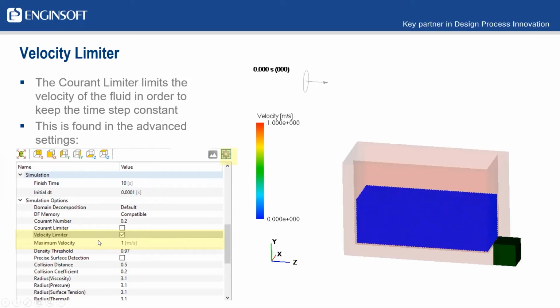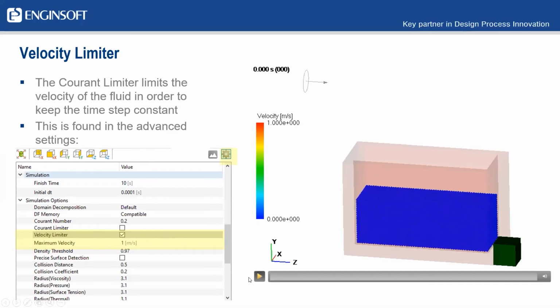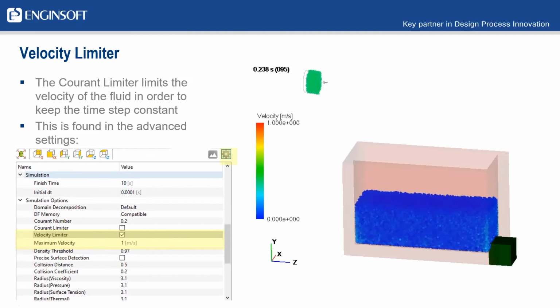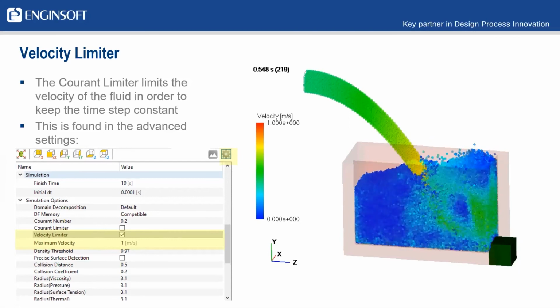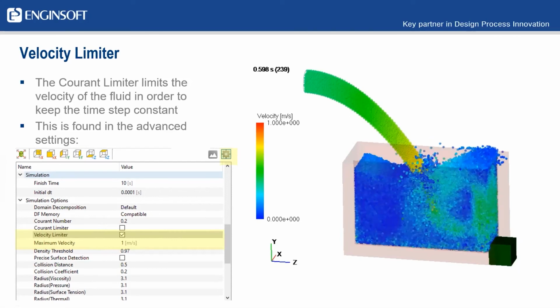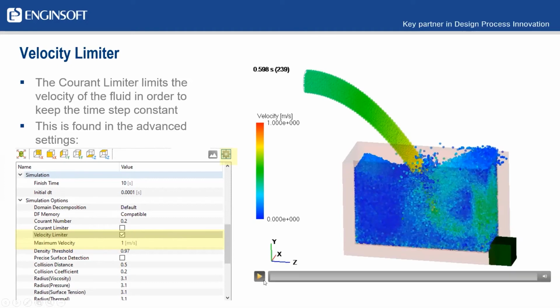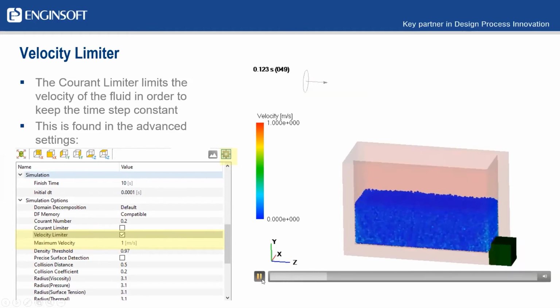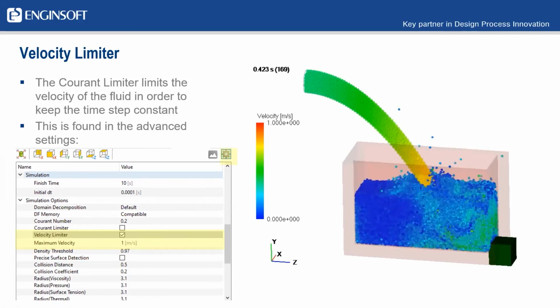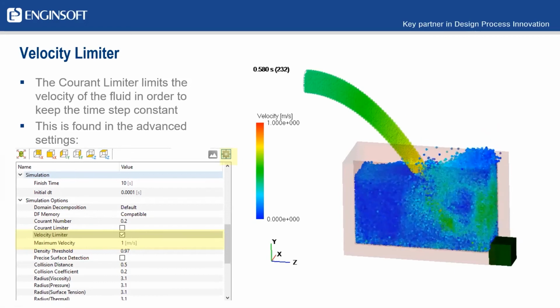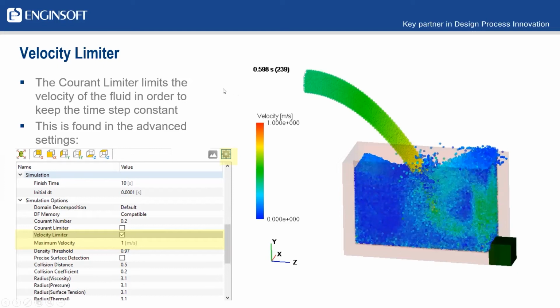In this case, I limited the velocity to 1 meter per second, and you see something very similar happen. In both cases, we're getting very similar results, and in both cases, we're able to successfully limit that instability and localize it much more than we saw previously.